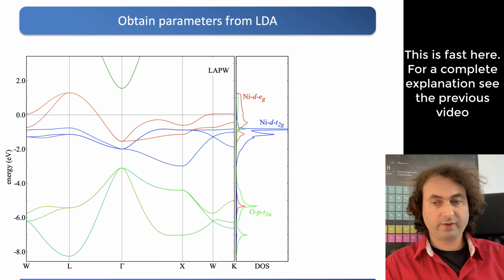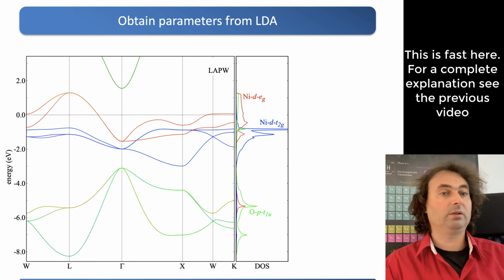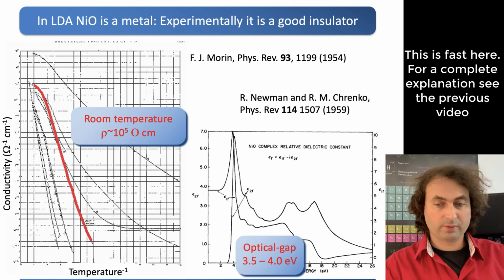In density functional theory calculation, you'll find your oxygen P bands, your nickel T2G and your nickel EG bands, representing the similar structure as we saw before for a single atom, but now with dispersion.